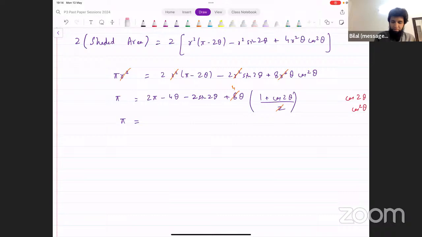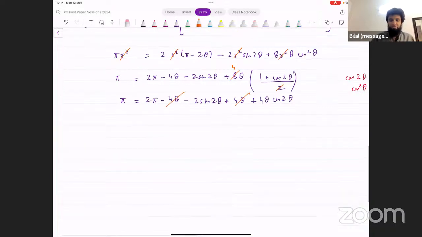Okay, pi equals 2 pi minus 4 theta minus 2 sine 2 theta plus 4 theta plus 4 theta cos 2 theta. We're almost there now. Minus 4 theta and plus 4 theta get cancelled. We need to make cos 2 theta the subject. Take the rest of the terms to the other side.